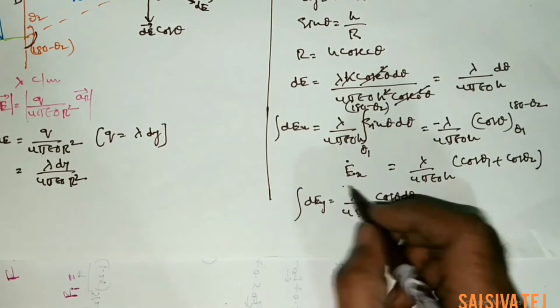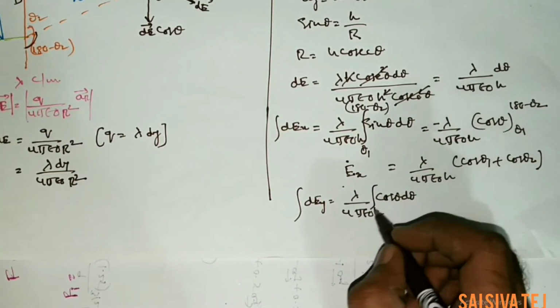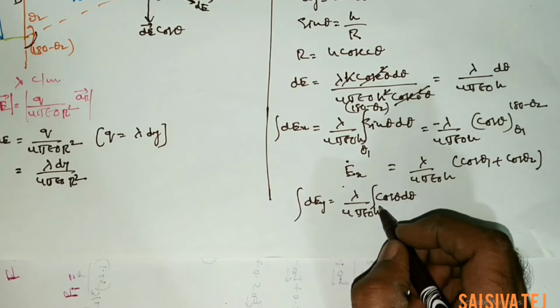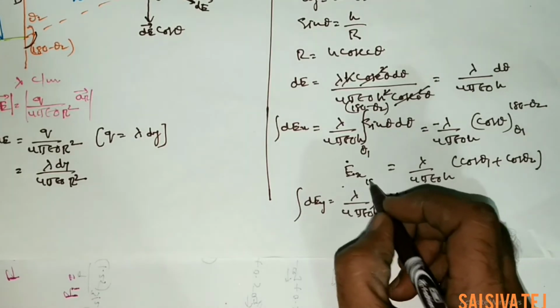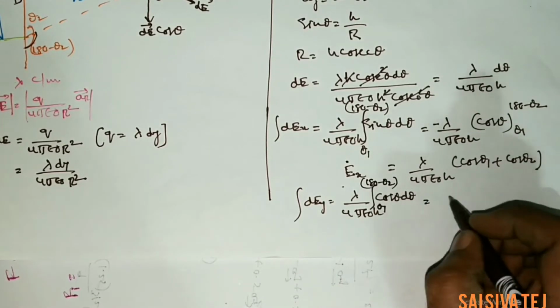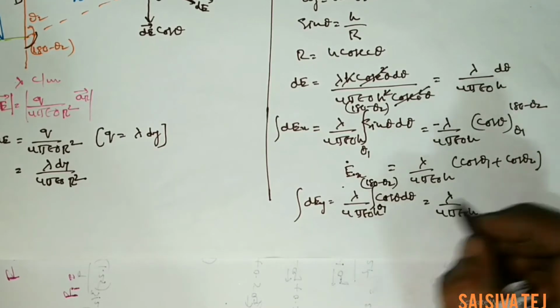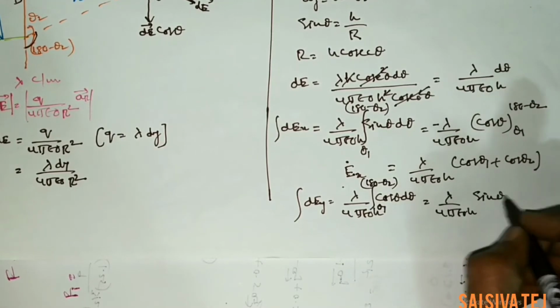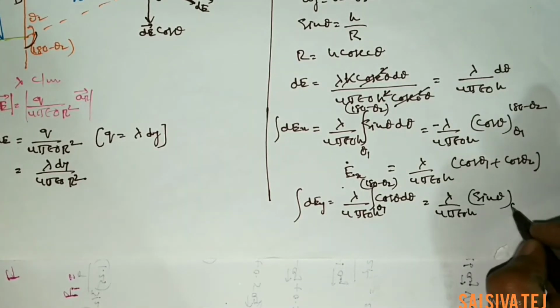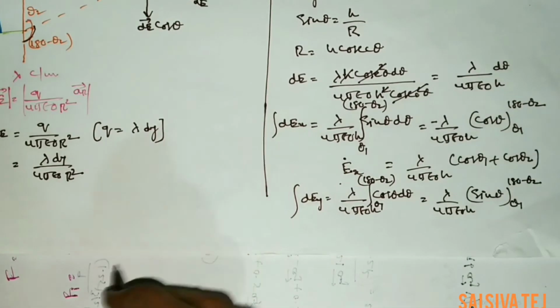When it is integrated on both sides, between the limits theta 1 to 180 minus theta 2, we get lambda by 4 pi epsilon naught into h, sin theta over the interval theta 1 to 180 minus theta 2.